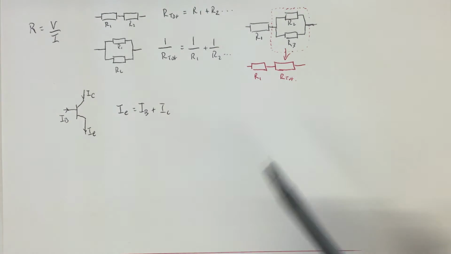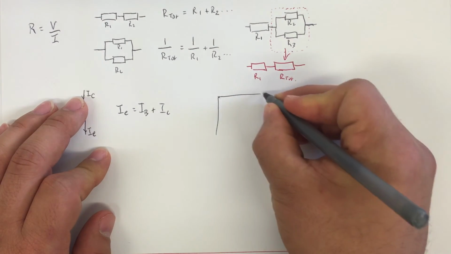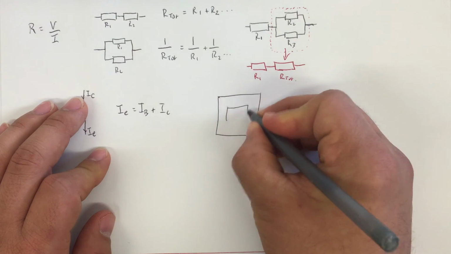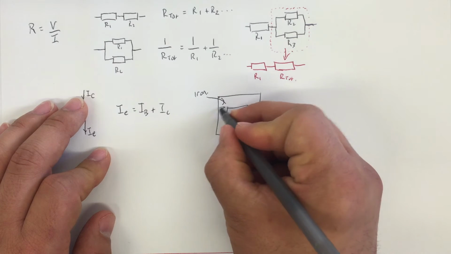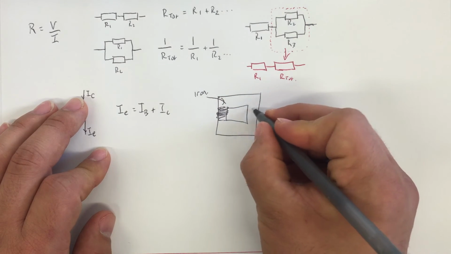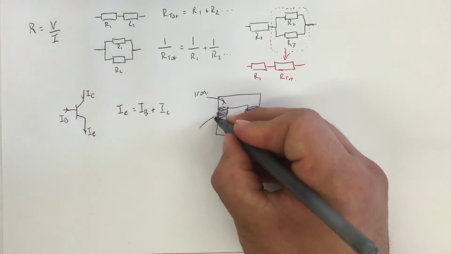And the next major topic that we have equations in is transformers. So in a transformer, the setup for a transformer is that you have an iron core and you have 2 coils of wire.